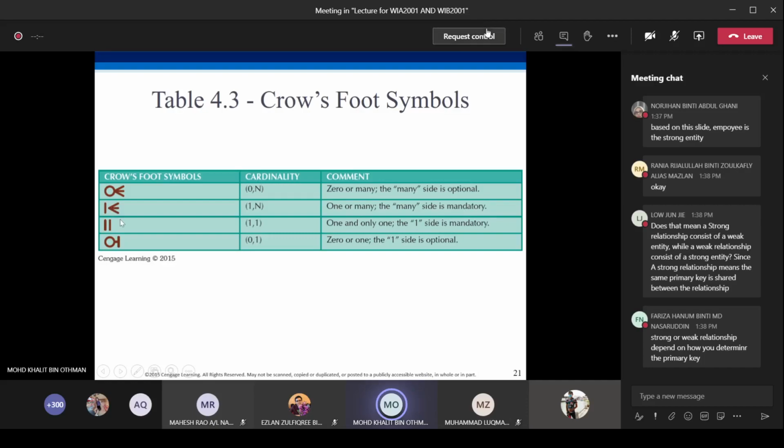The third symbol is for cardinality 1..1, 1 and only 1, where the one side is mandatory. The fourth symbol is for cardinality 0..1, 0 or 1, where the one side is optional. This is the symbol that will be used in the Crowfoot model.